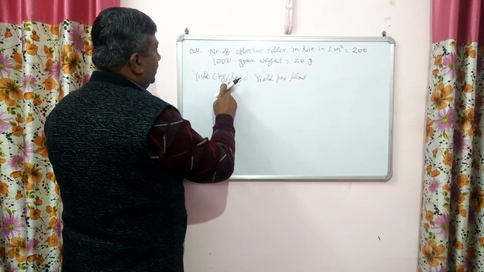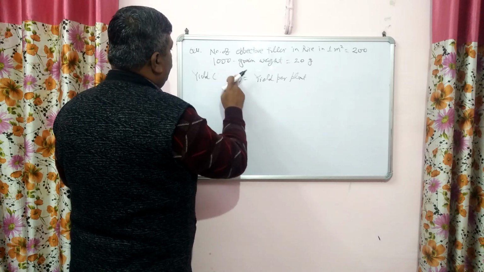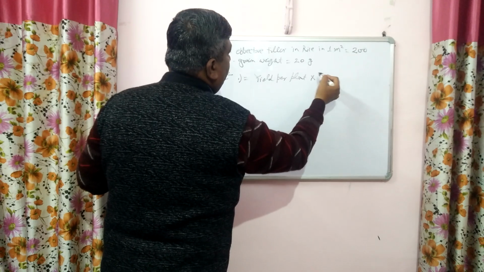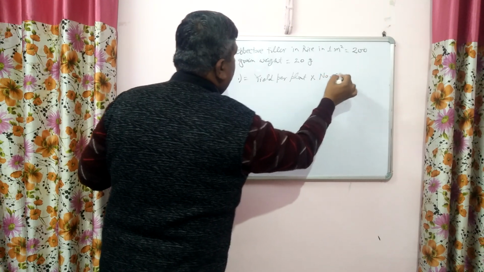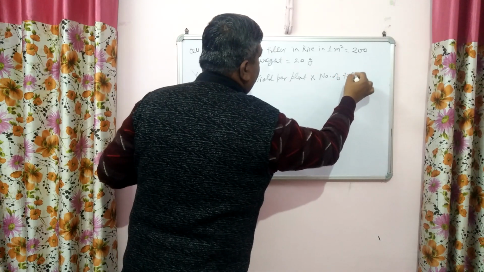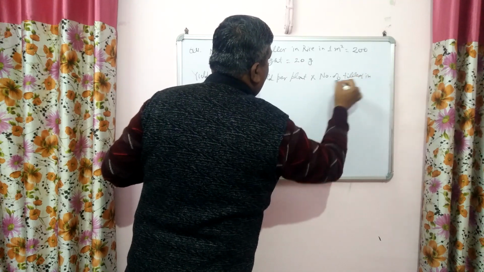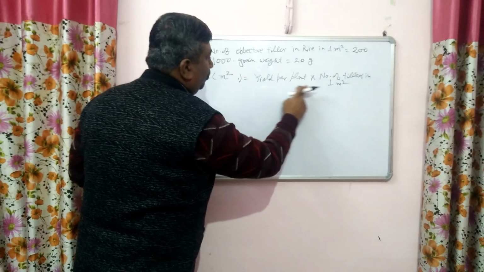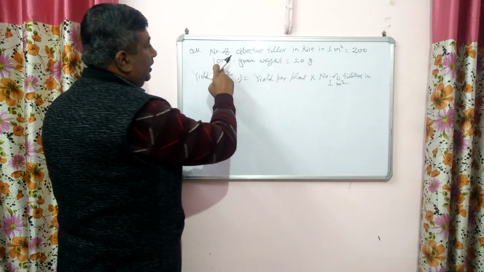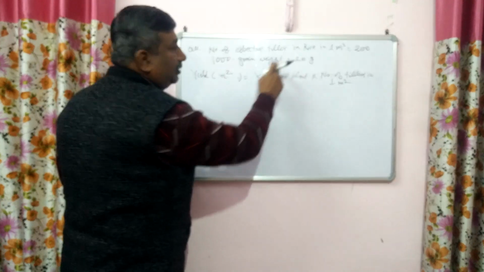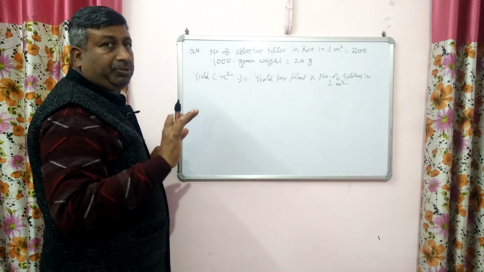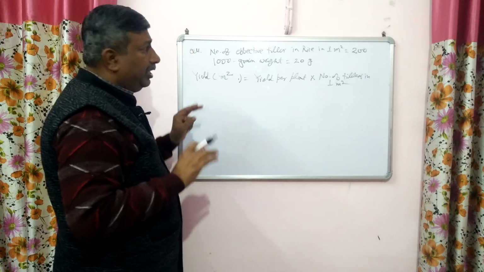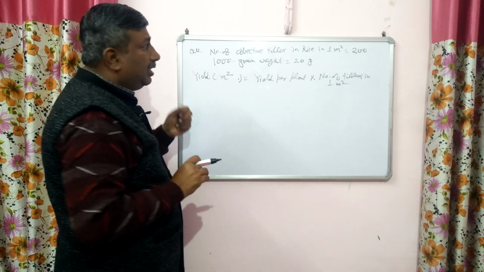Here we can calculate yield in 1 square meter area from yield per plant and number of tillers in 1 square meter area. Now we have to know what is the yield per plant, and we have the 1000 grain weight, and there is no information about the number of grains per plant. So with this data we cannot calculate. So further data is required.